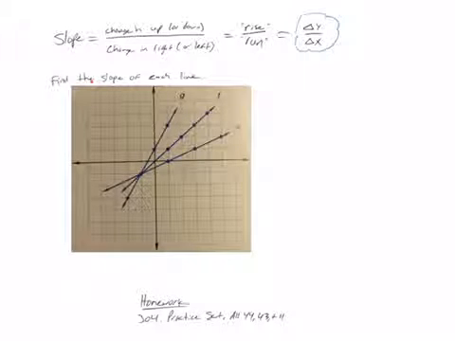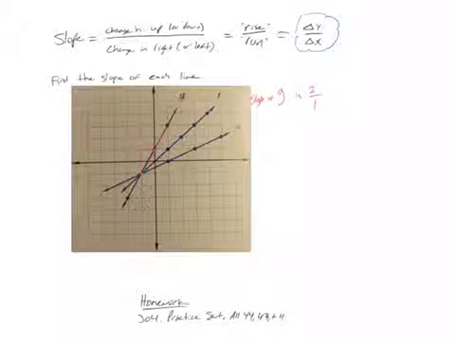Alright, so let's just find the slope of these few lines right here. Let's talk about this line G. We notice that this line is going up as I walk from left to right. So let's just go from this point to this point. Notice I'm going up 1, 2 steps, and then I'm moving right 1 step. So the slope of G is the rise, which is 2 over 1.